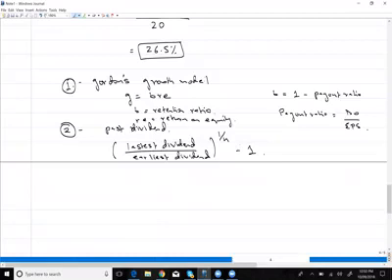Now n over here does not mean number of years. It basically means the number of dividend growths.